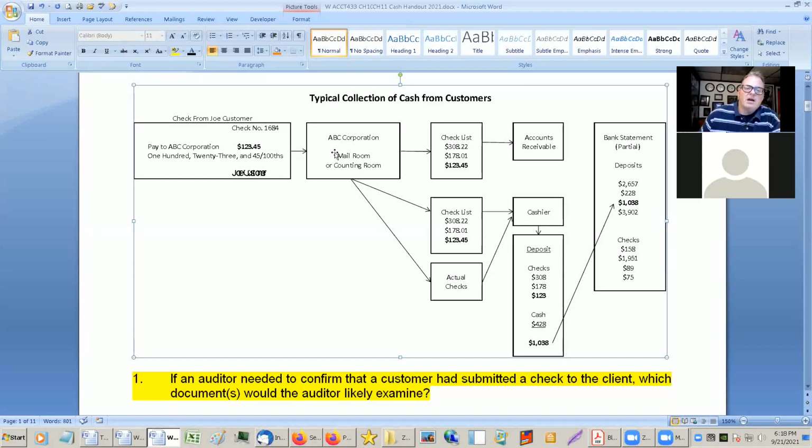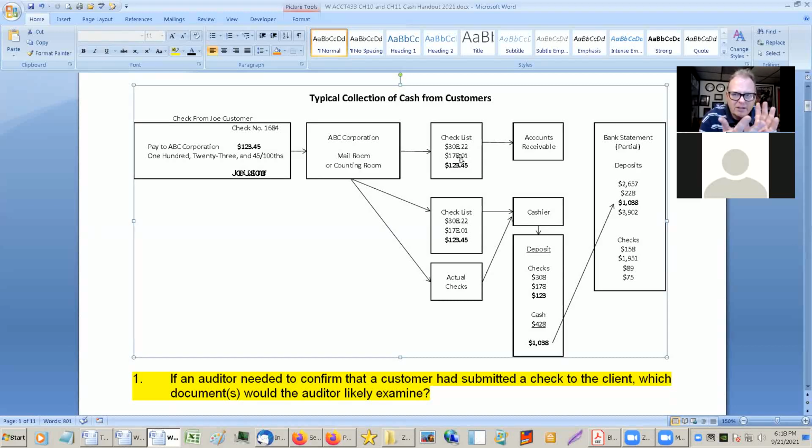The checks are all listed. So there'll be a list of the checks. There'll actually be two of them. The first one will go to accounts receivable because these are people paying on accounts. Where I was at, it was a bank, so they're paying on bank loans usually. But they would send in the checks and they'd be counted.